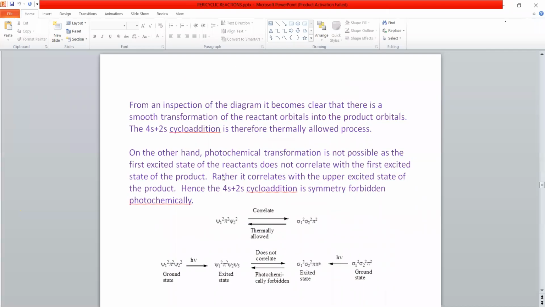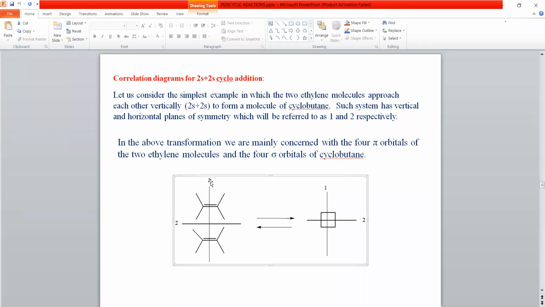So before drawing correlation diagrams, we have to write the symmetry properties of the orbitals with respect to the vertical plane and then the horizontal plane. So this is the vertical plane and this is the horizontal plane.